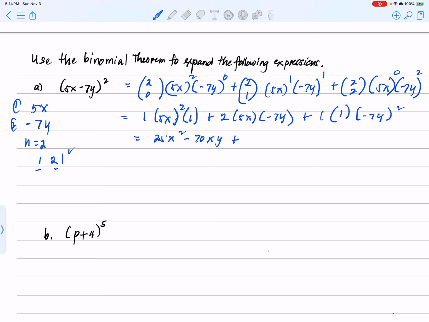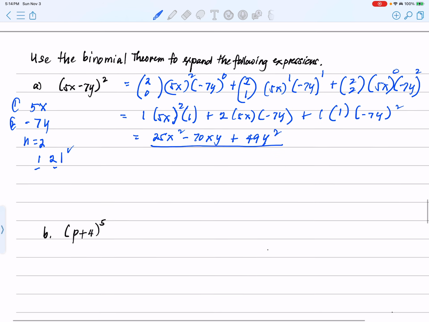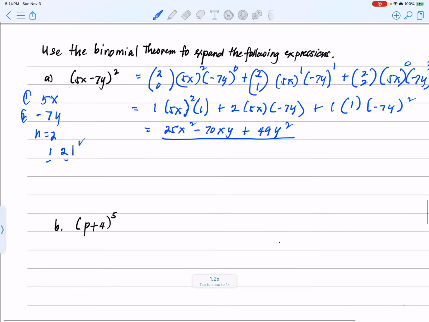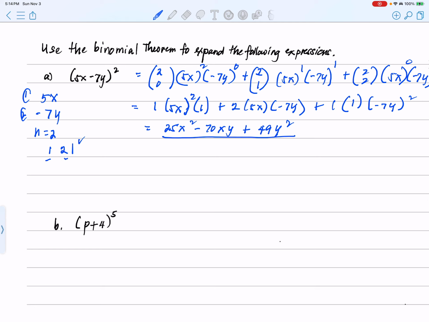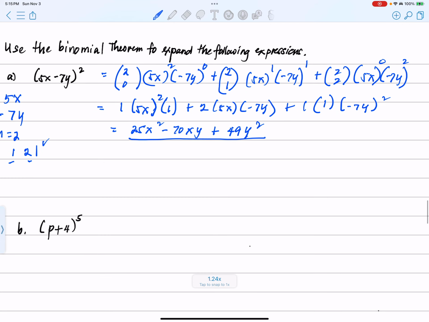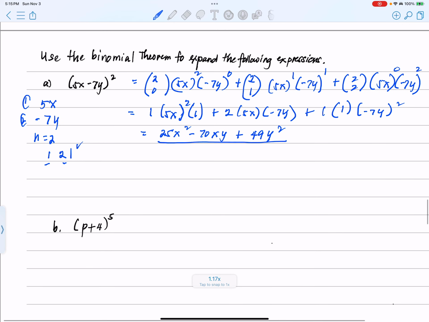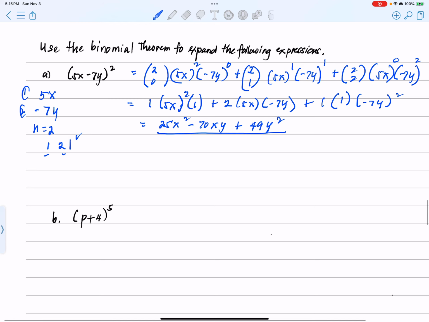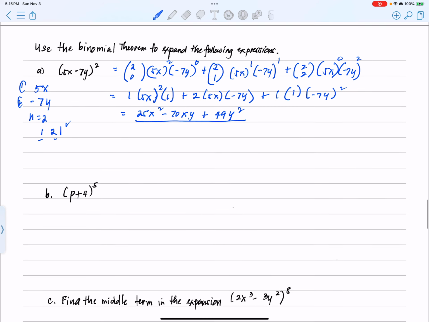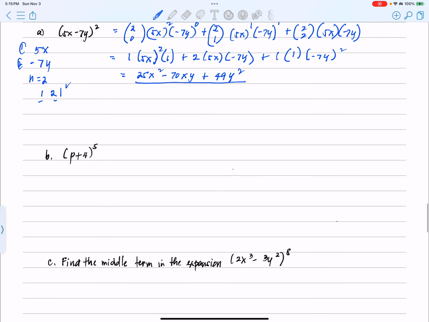This is your expanded form of 5x minus 7y without using the summation or anything. But actually, we are doing the summation here using the binomial theorem, but we are doing it in the fastest way, using Pascal's triangle.